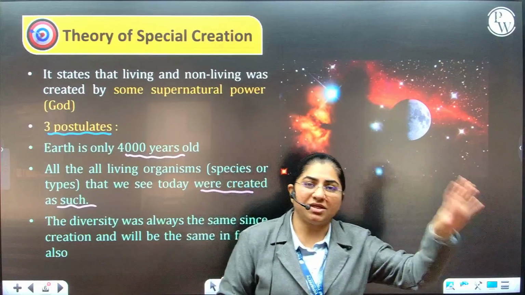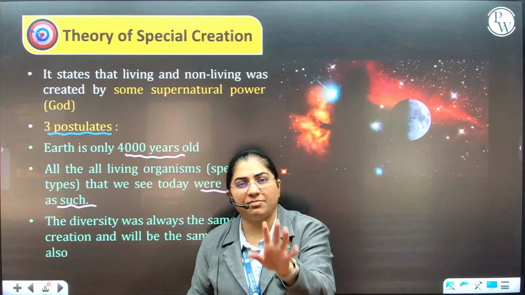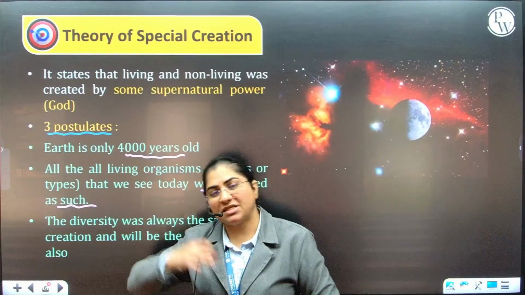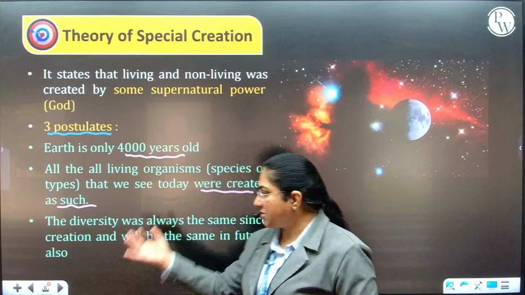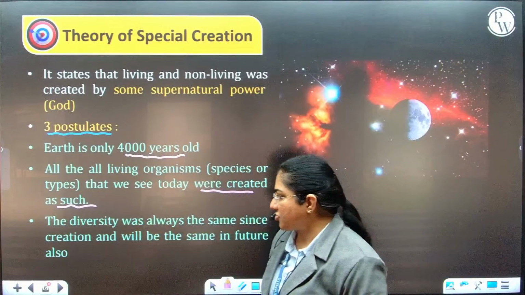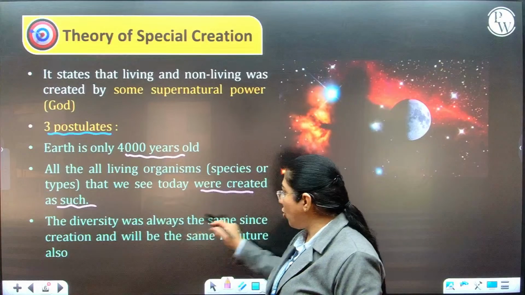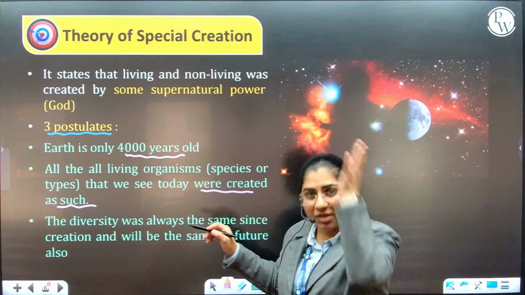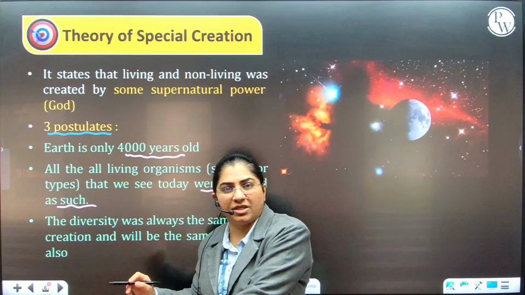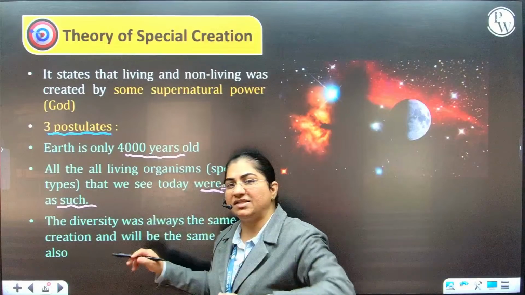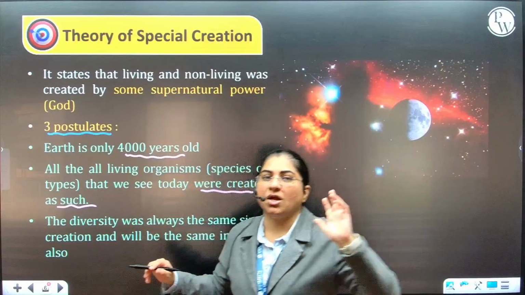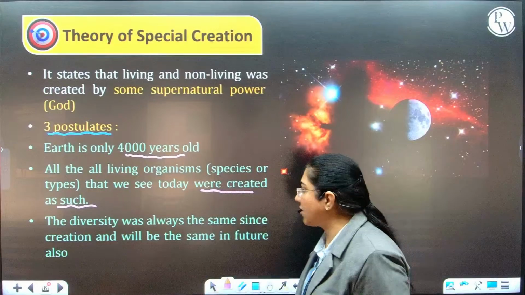When the Earth came into existence, human beings were Homo sapiens sapiens. Now we are Homo sapiens sapiens, and in future also we will remain Homo sapiens sapiens. That is the third conjecture, which said that the diversity was always the same since the creation, is the same, and will always remain the same. However, all these 3 postulates were strongly opposed by Darwin sir, which we'll see in some time.